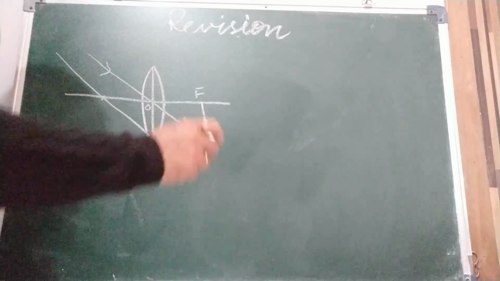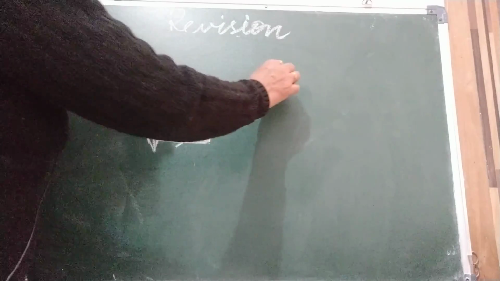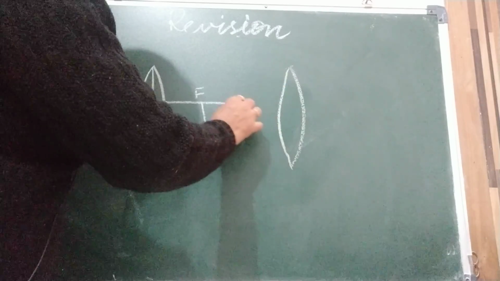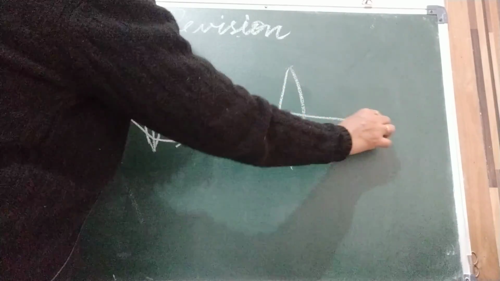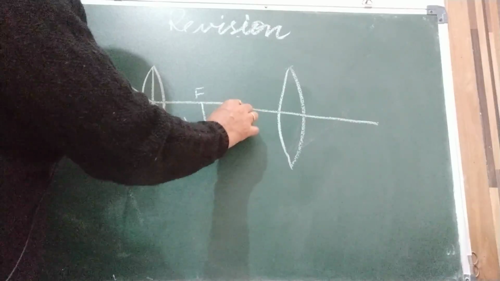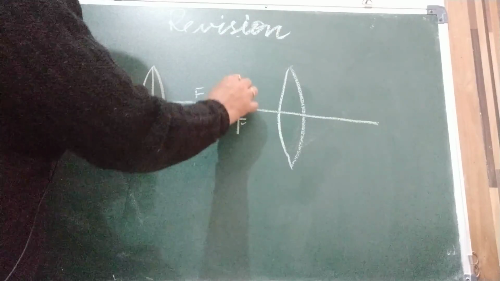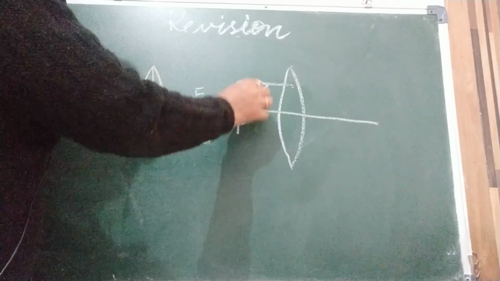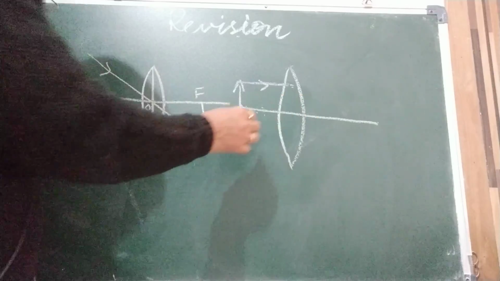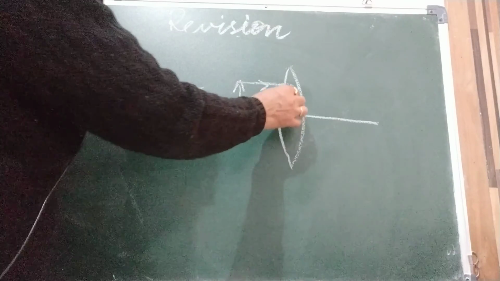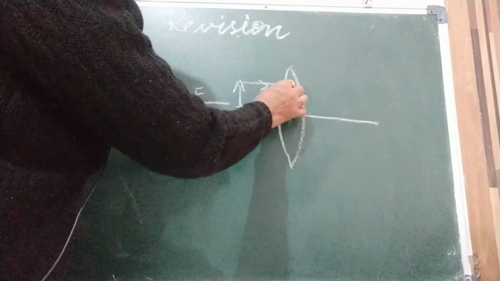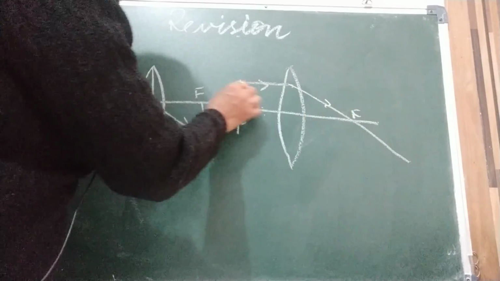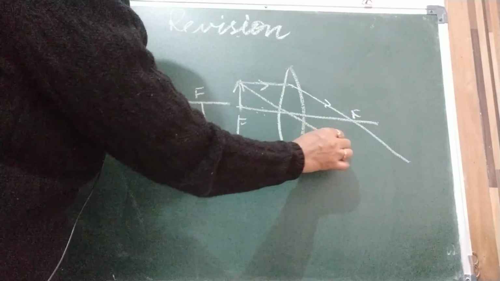Now just the opposite of it, when the object is placed at the focus. What happens? The ray which is going parallel to the principal axis will pass through the focus, and the second ray will pass directly through.